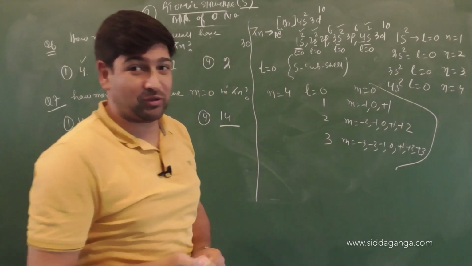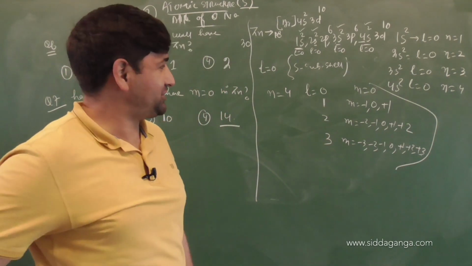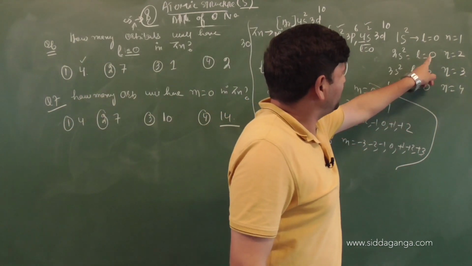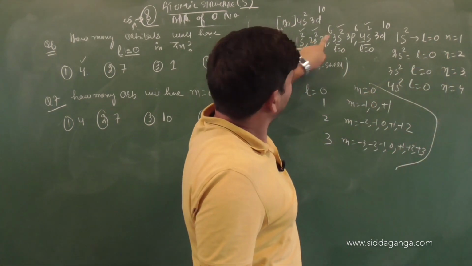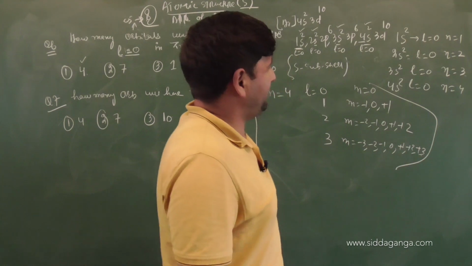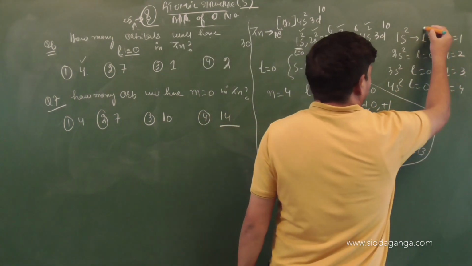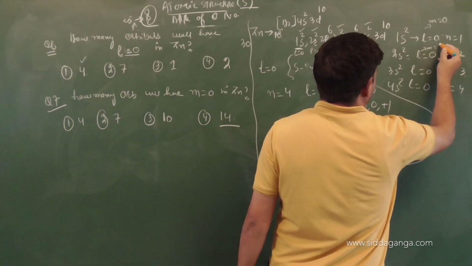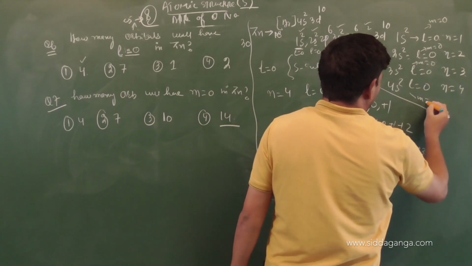A very complicated problem, but quite easy to comprehend if you have understood the earlier discussions. So the L value is 0, 0, 0, 0, for 1, 2, 3, and 4. A very simple thing to understand now. When the L value is 0, what will be the M value? 0, for each of them.